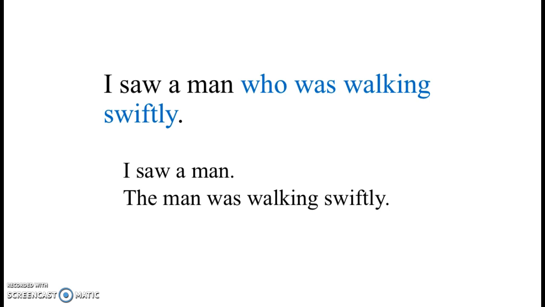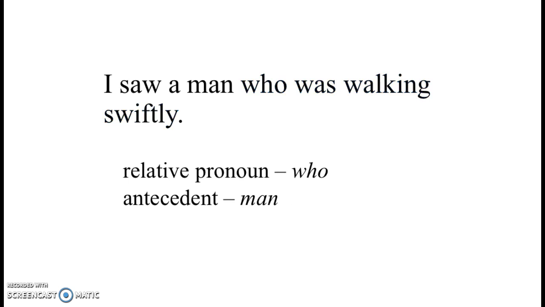The man was walking swiftly. We take the man was walking swiftly, substitute the relative pronoun who for the man, and we have I saw a man who was walking swiftly. Who is our relative pronoun, and it points back to, it represents this man who is our antecedent.